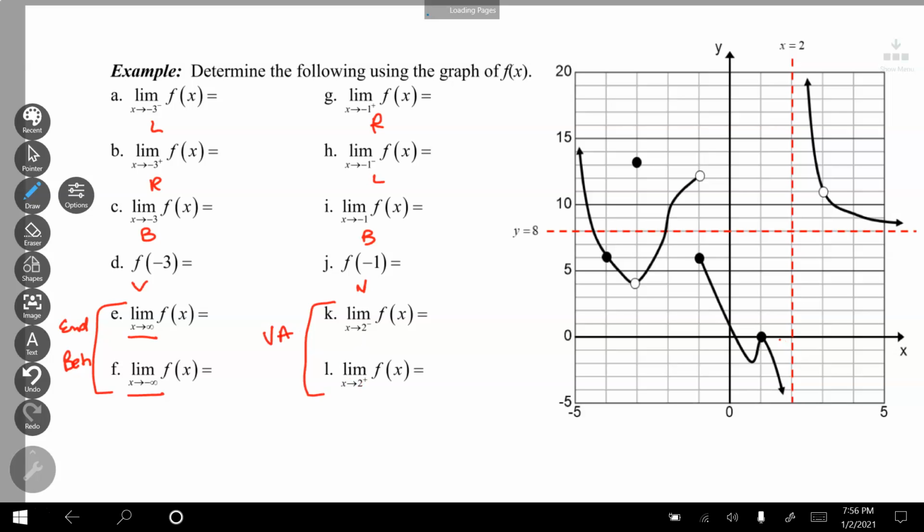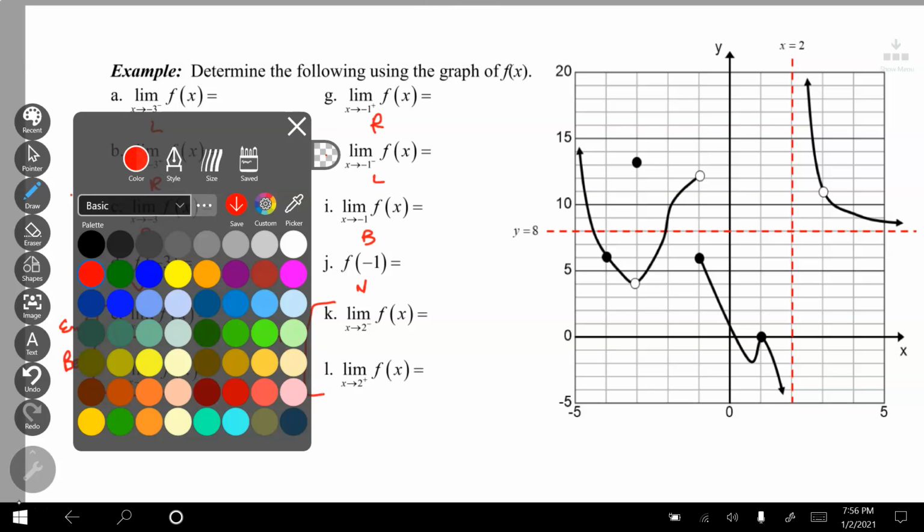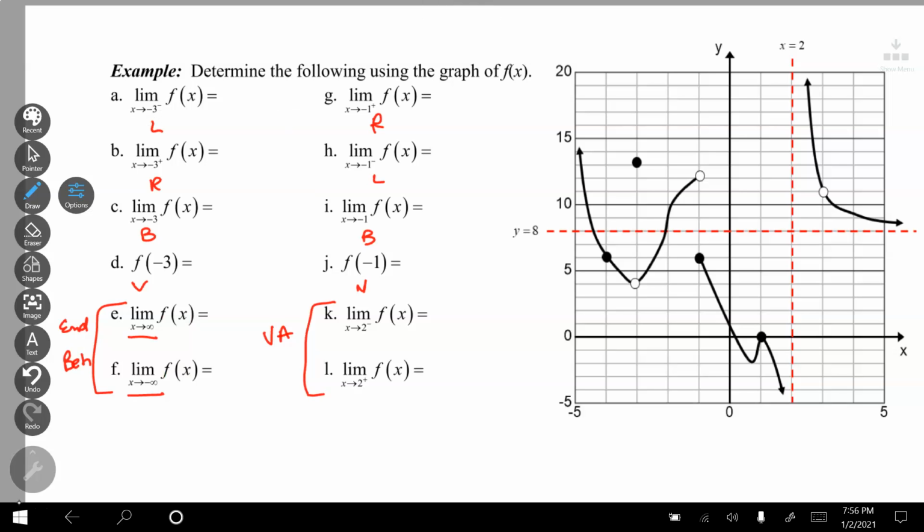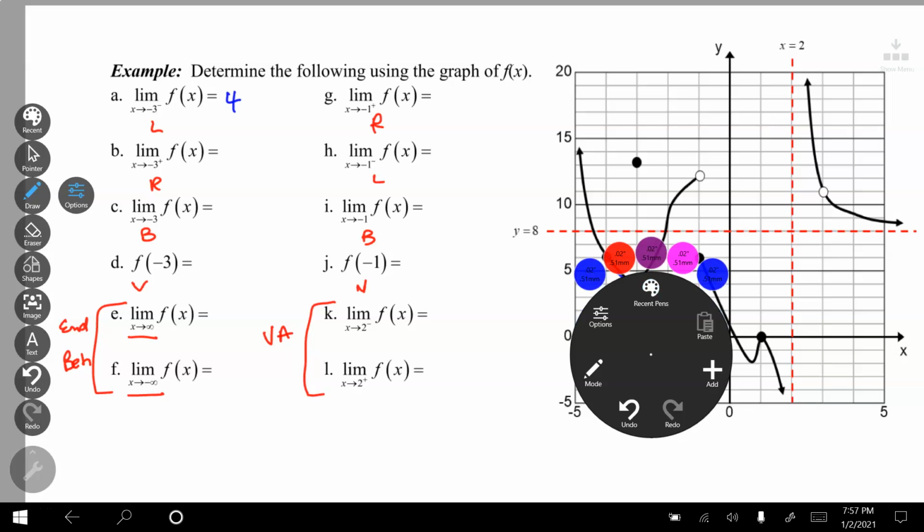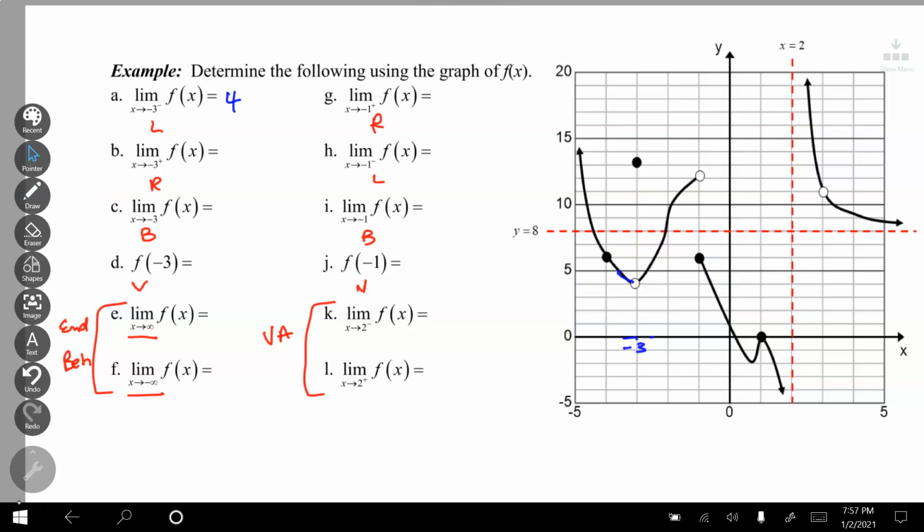Right here. So if we go through all this, it says negative 3 from the left. Here's negative 3, I go to the left, I come back to negative 3, and it stops at 4. I go from negative 3 to the right a little bit, I go up to the graph, and I come back to x equals negative 3, and I stop at a y value equal to 4.